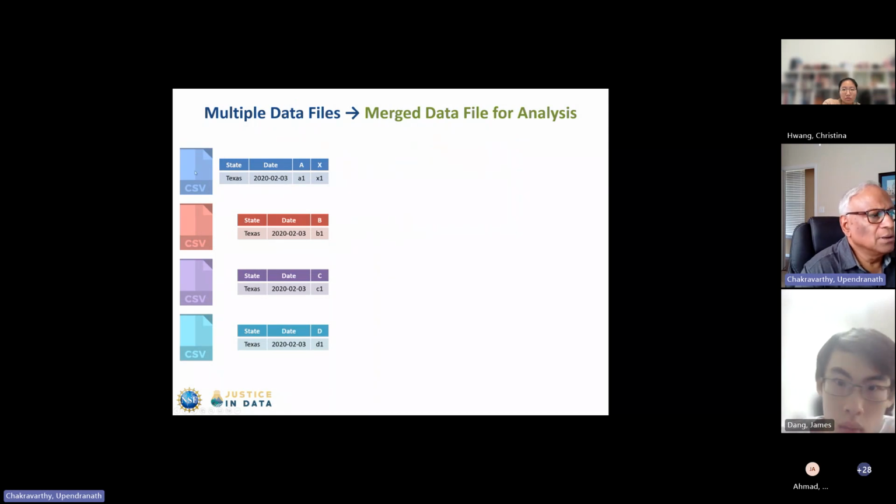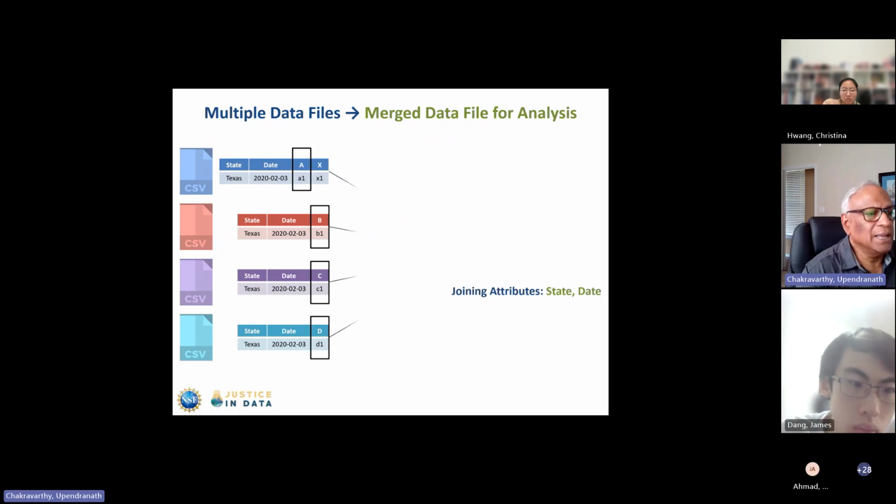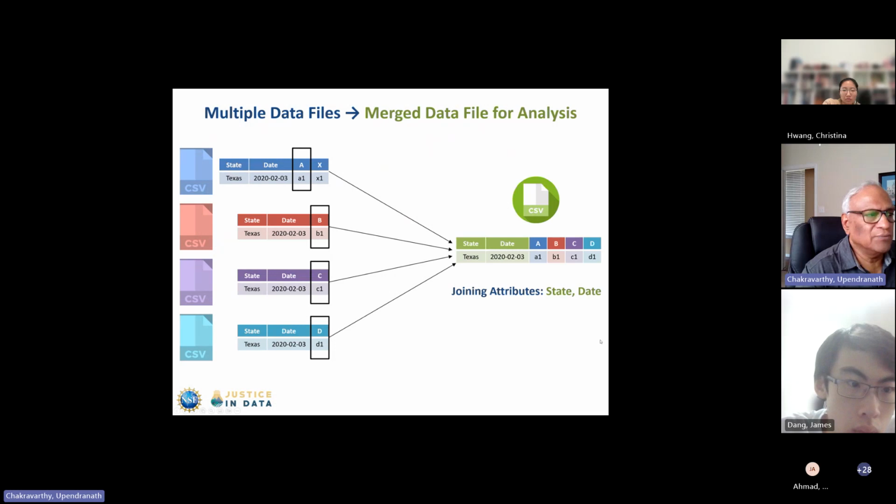Luckily, all the files were coming in as CSV files, but they had different pieces of information, some common information, some different information. So we used state and date as the joining attributes, and then we collected all that information into a common file.